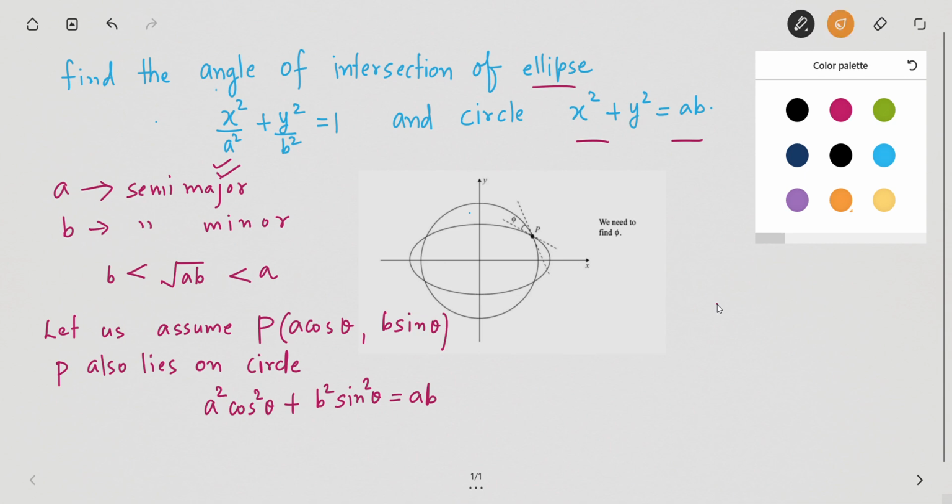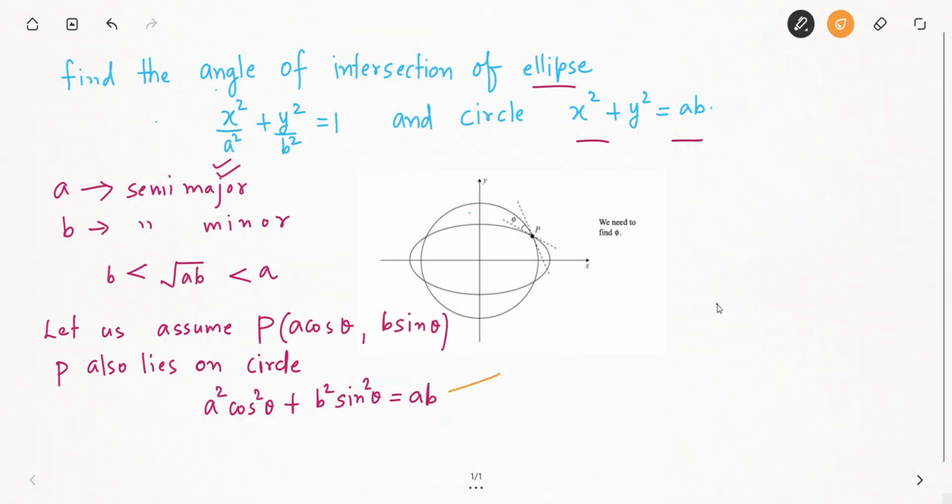Now from here, what can I write? I can say that A square minus B square, times cos square theta, is equal to B into A minus B. How did I get this? By writing 1 minus cos square theta in place of sin square theta.